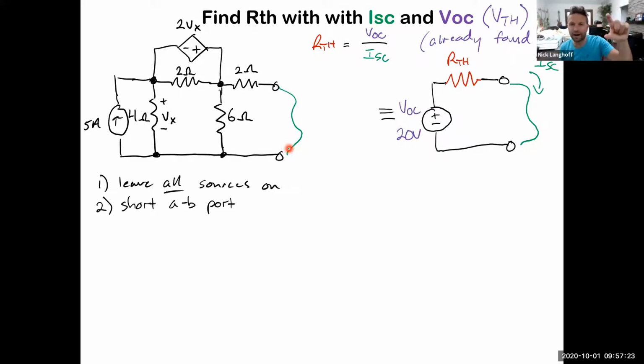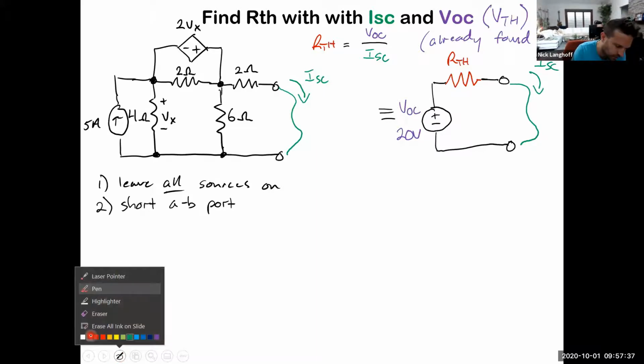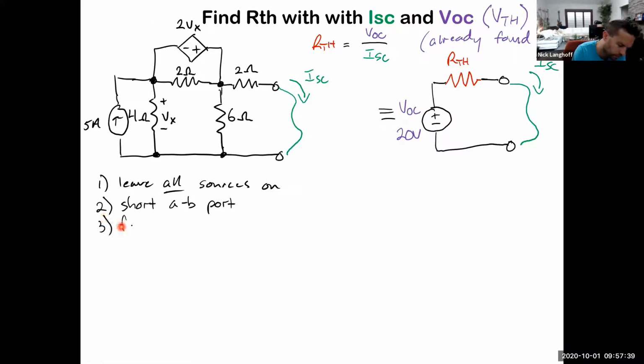It reminds me that it's a wire I put there intentionally to short the port. And then we're now going to find ISC. That's the third thing we want to do, is find ISC.